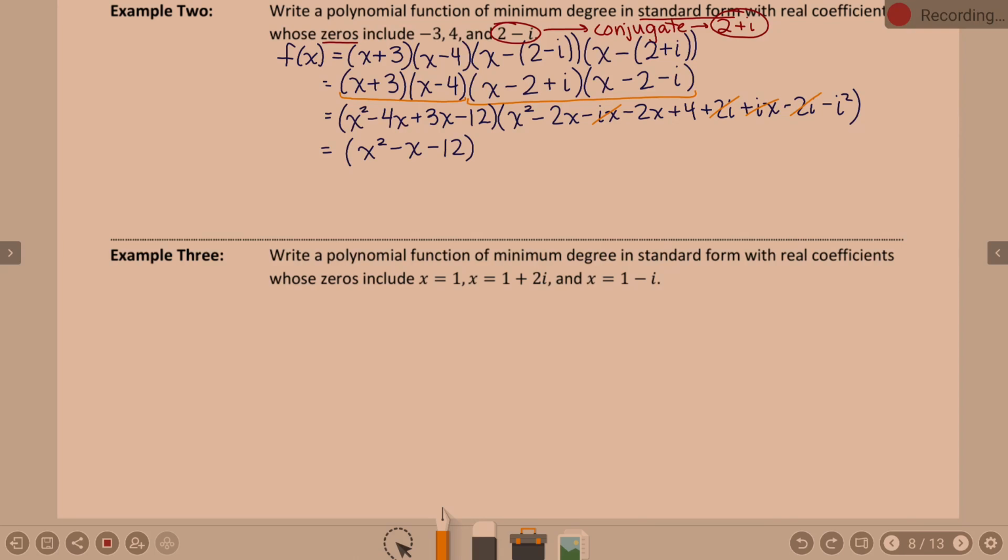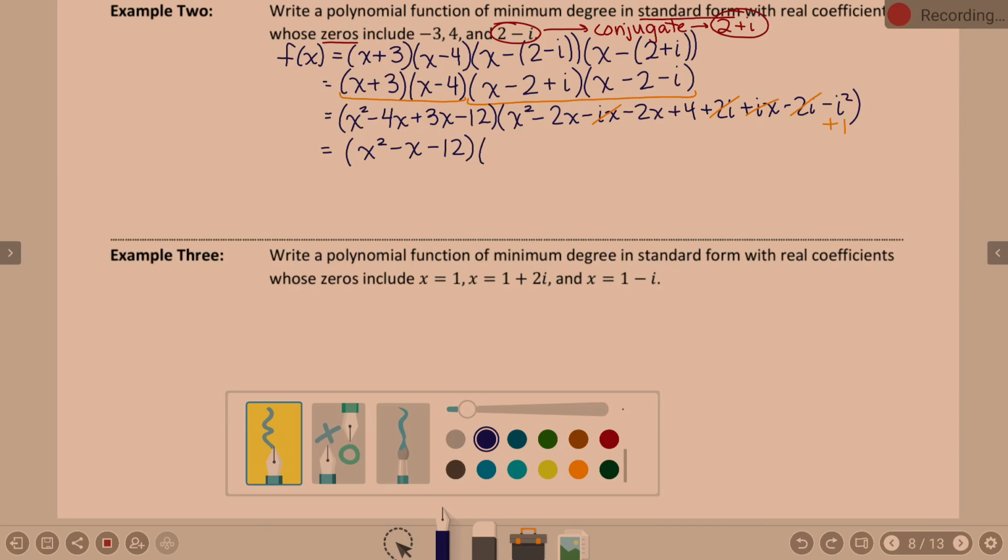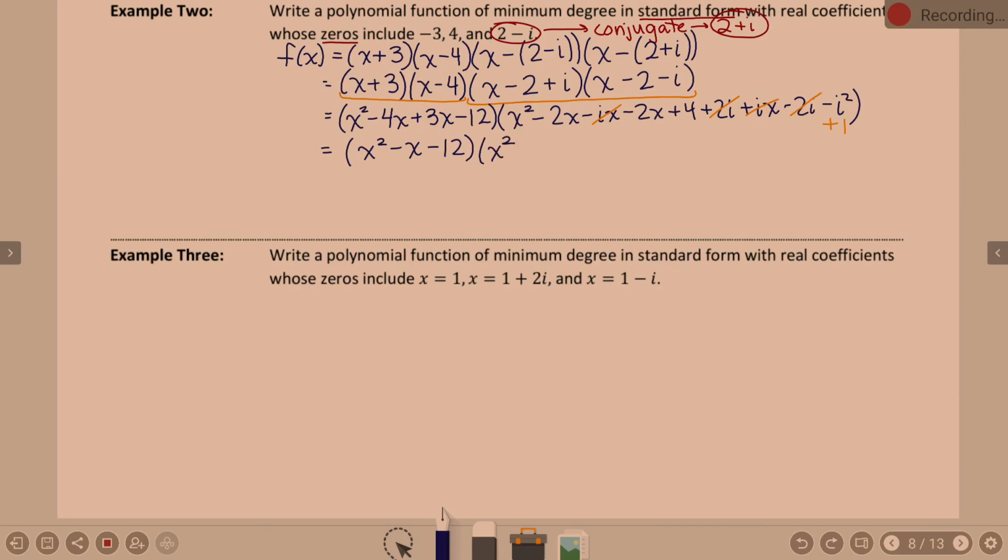It's minus negative 1, which is going to be a plus 1 in my next step, isn't it? Are all my i's gone? They are. So let's clean this up. There's just a single x squared term. Like terms, negative 2x and negative 2x is negative 4x, and then 4 plus 1 is plus 5.